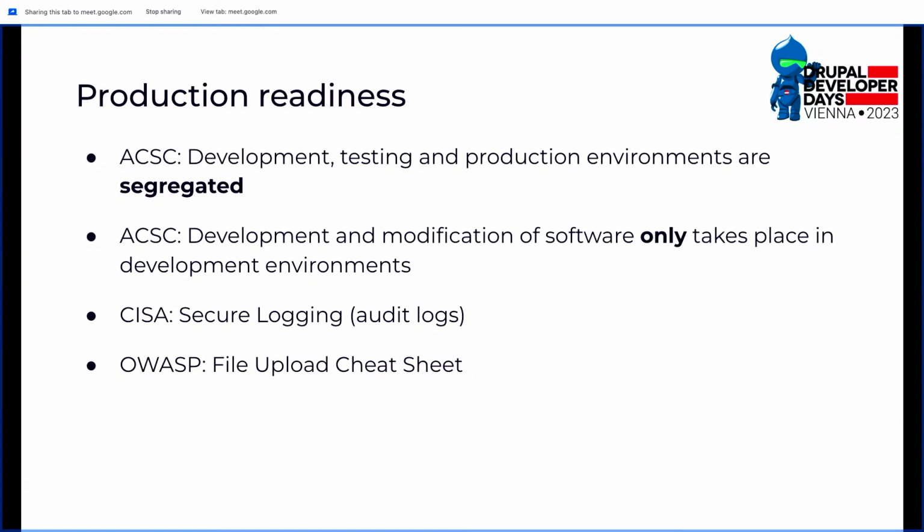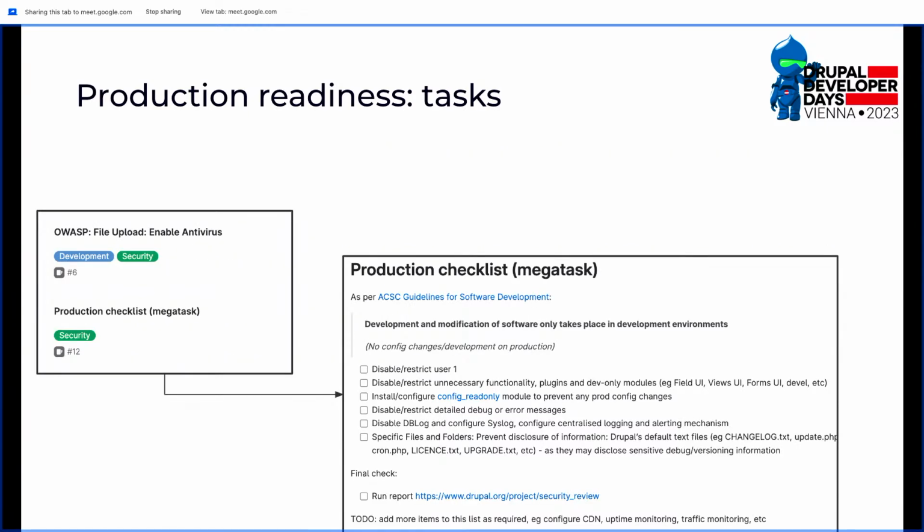And then you provide the login audits and file upload cheat sheet, which means make sure your antivirus is enabled and configured. So that would be our production mega task. So disable, restrict user one, remove unnecessary functionality, install and configure read only. So no configuration available on production.